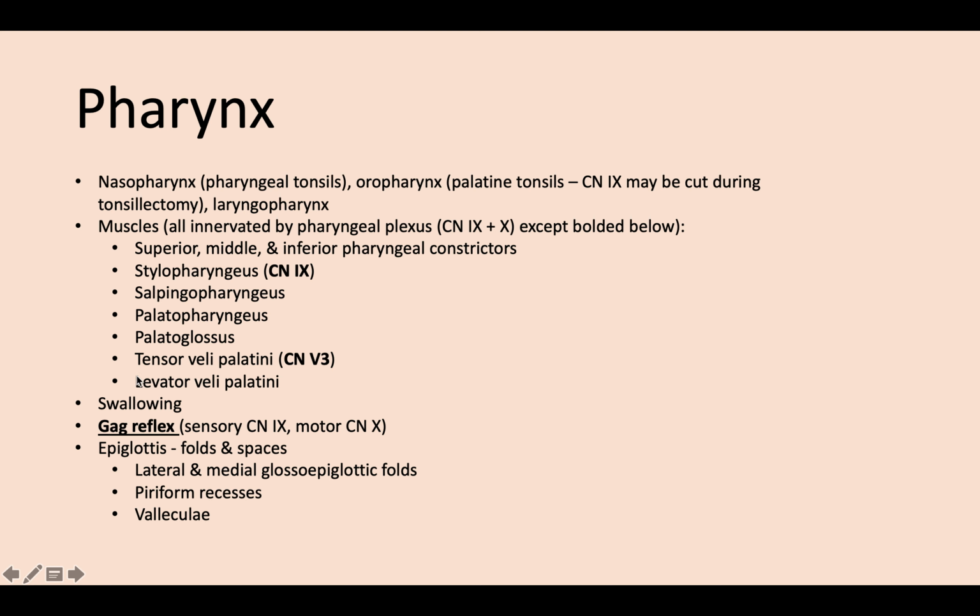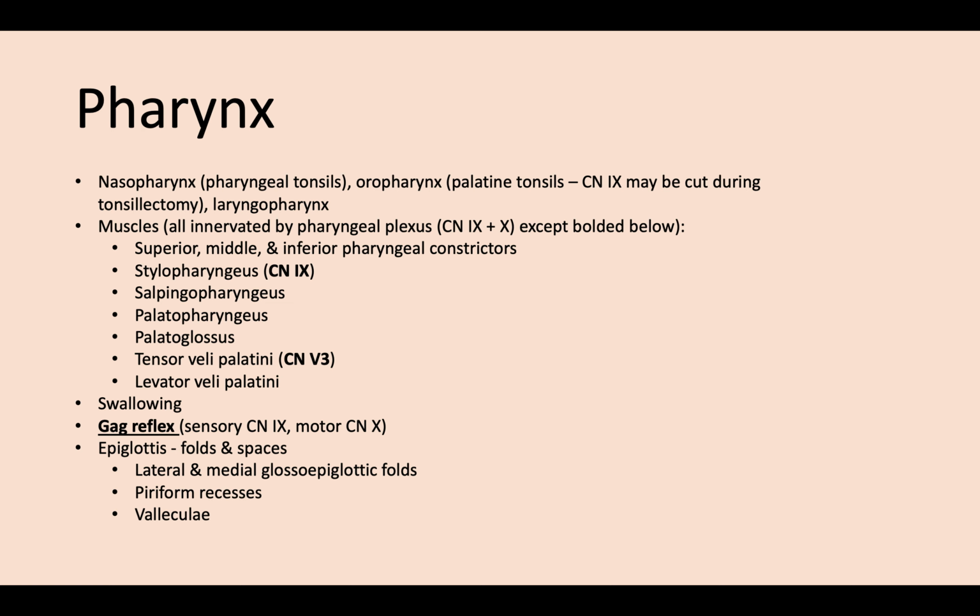I sort of think of levator like I'm on an elevator, and that goes all the way to the 10th floor. And so that one is cranial nerve 10. The gag reflex, if I feel that sensation to gag, cranial nerve 9. The motor is going to be 10, but I'm gagging because I feel that sensory innervation.